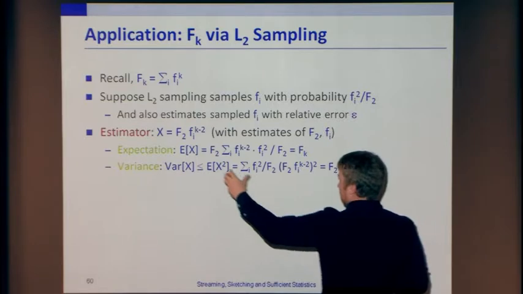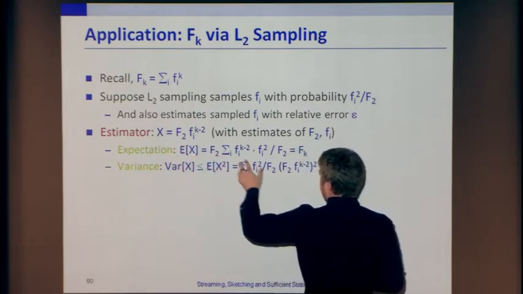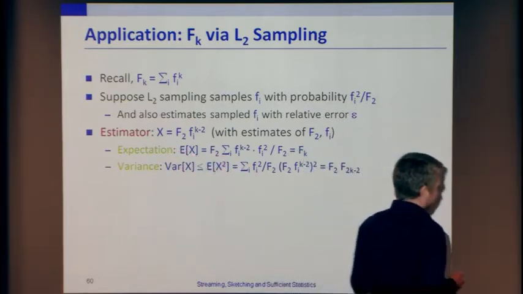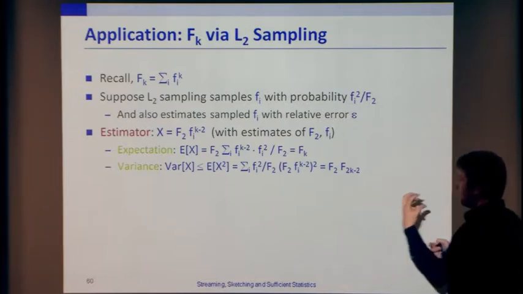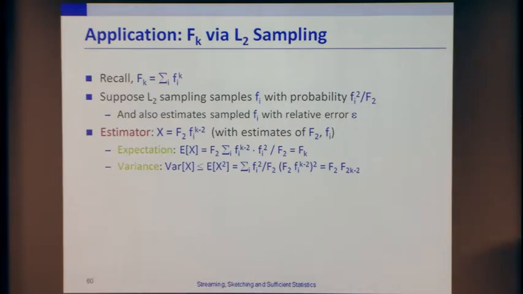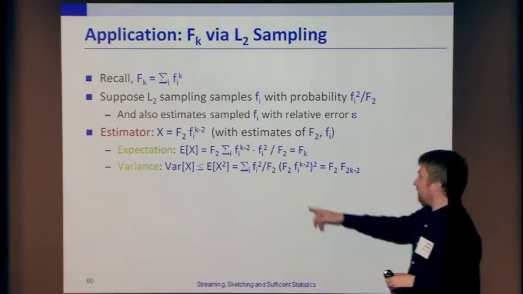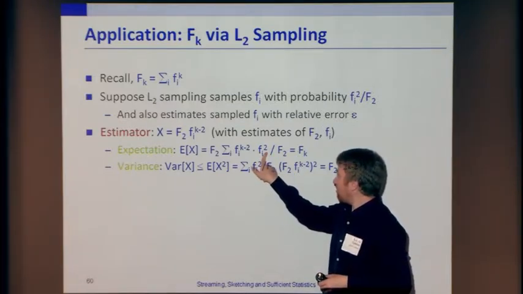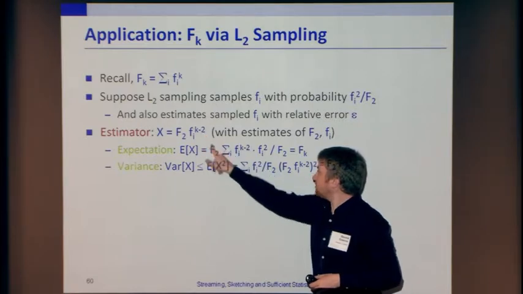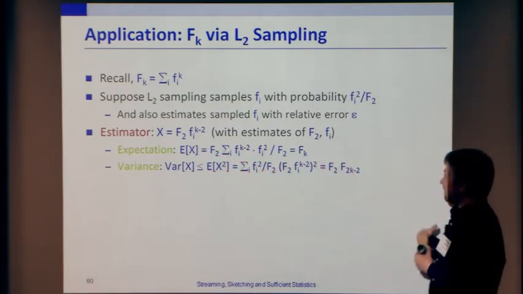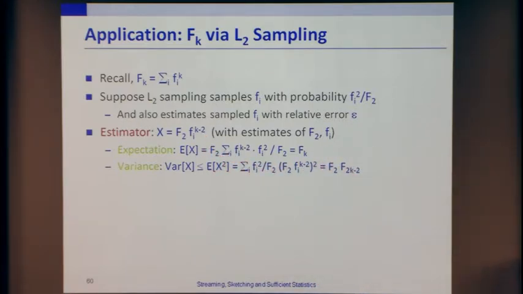From that estimator, working through, you're sampling the ith item with probability f_i squared over F2, multiplying that by F2 to get f_i squared, and then multiplying by f_i^(k-2). So it's immediate that in expectation this gives you the kth frequency moment.